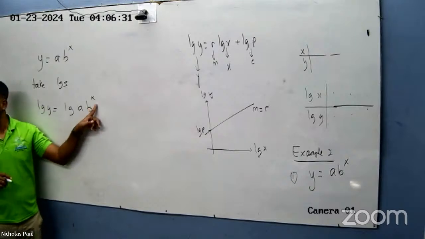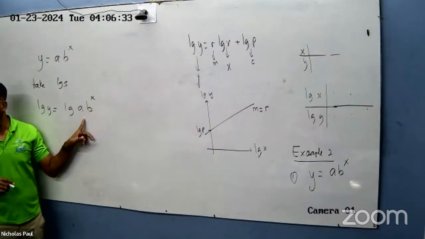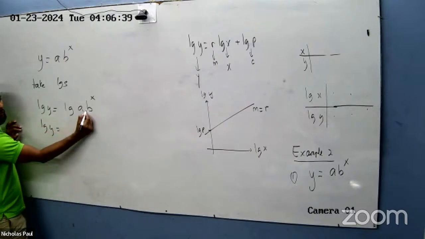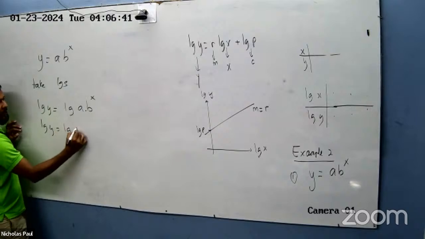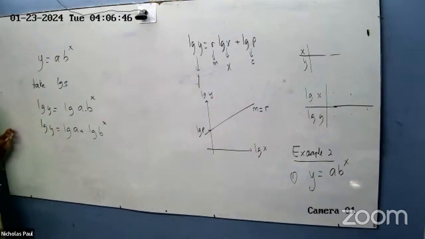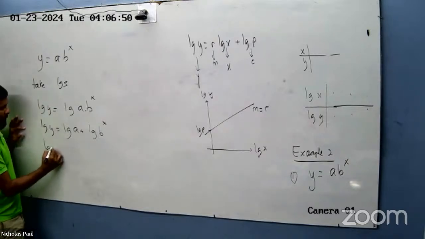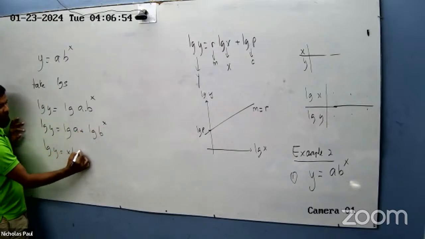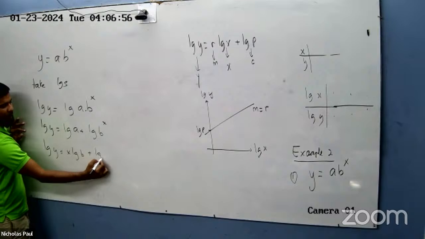Question here earlier. This x, is it above the b or the a? b alone, right? So when I split this up, I'll get log a plus log b to the x. That's okay? When I split it up. Now I'll get log y is equal to, bringing the x in front, x log b plus log a.